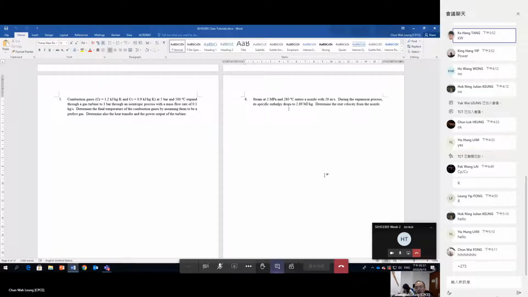But for steam, we use bar for pressure and degree centigrade for temperature. And it enters with 20 meters per second. So it ends up with this velocity. At the exit, we're saying that the enthalpy drops to 2.89 megajoule per kilogram.